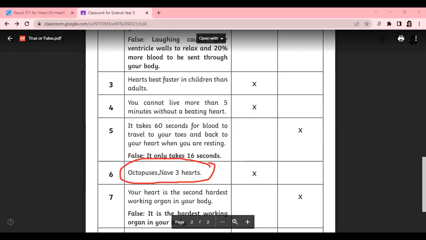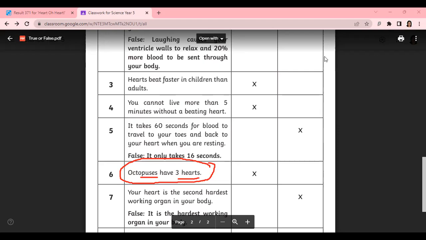That's really a good question: what do they need 3 hearts for? How do they use all the 3 hearts? That is something we should explore. There should be a different use in every single heart.